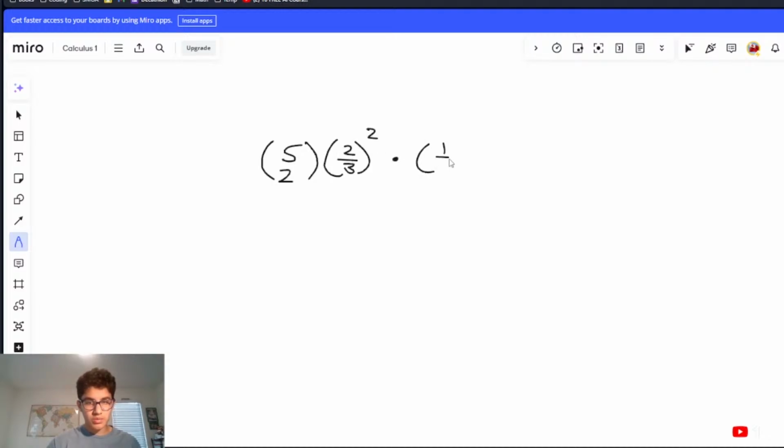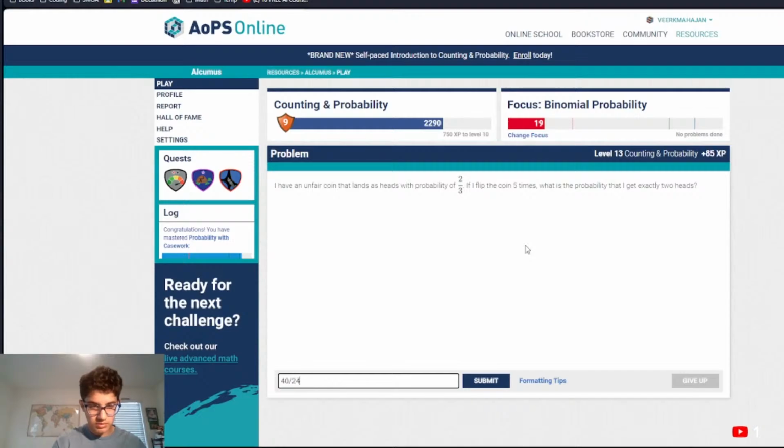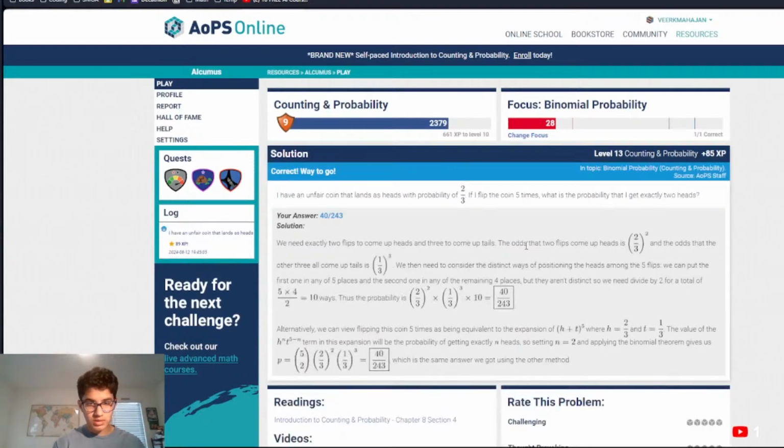And then you multiply it by 1/3 cubed. Five choose two is 10, times 4/9 times 1/27. So this becomes 40/243. I think it's wrong though. 40/243. Okay, it's correct.